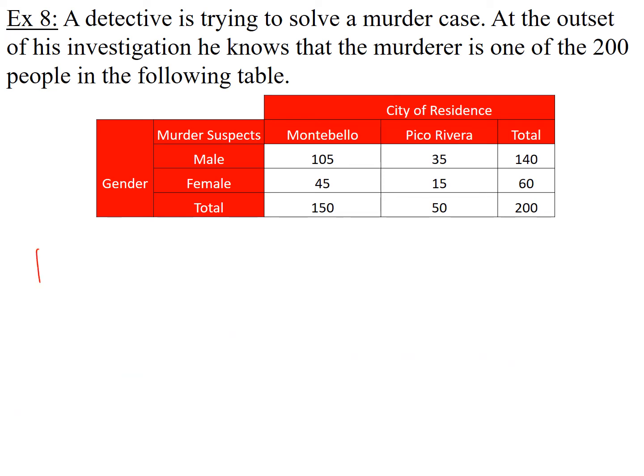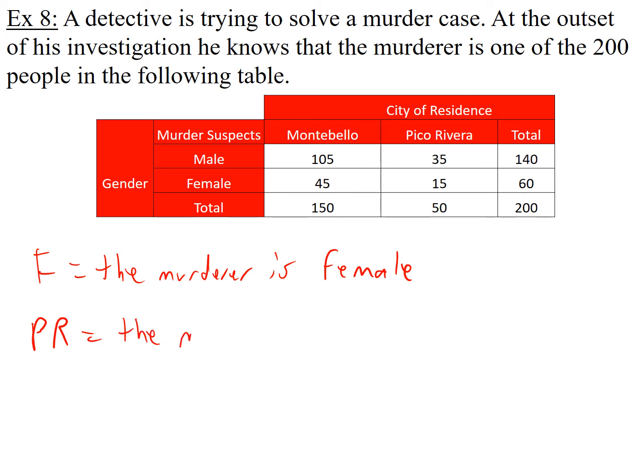So F is going to be the event that the murderer is female. And we'll use PR for the event that the murderer is from Pico Rivera.